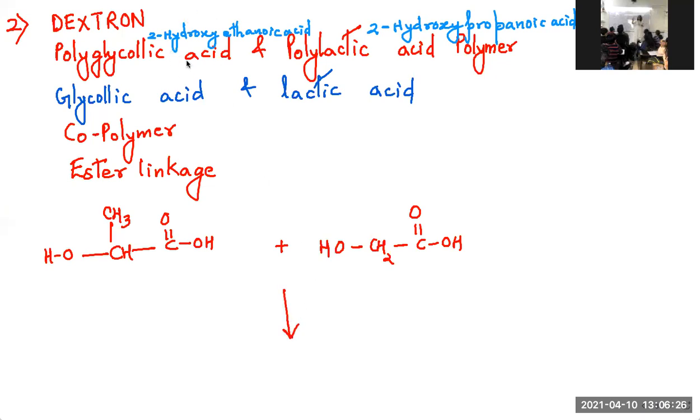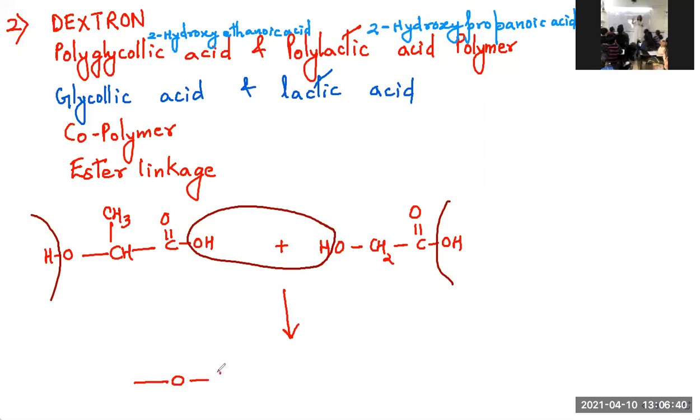Yes, ma'am. Now, if you just lose a molecule of water, acid will give OH, and alcohol will give H. Now we will get an ester O linkage. You can say with me, CH3, CH3, C double bond O, O, then a CH2, and a C double bond O, and a dash.